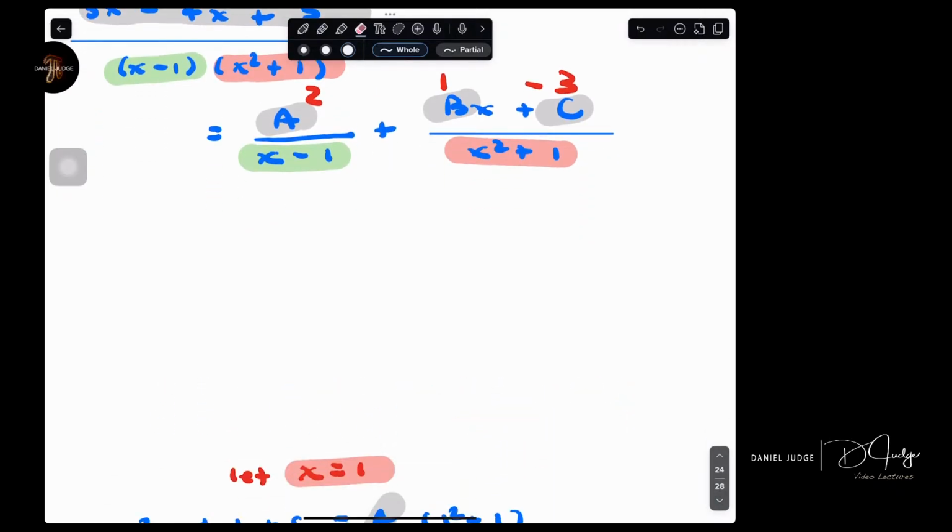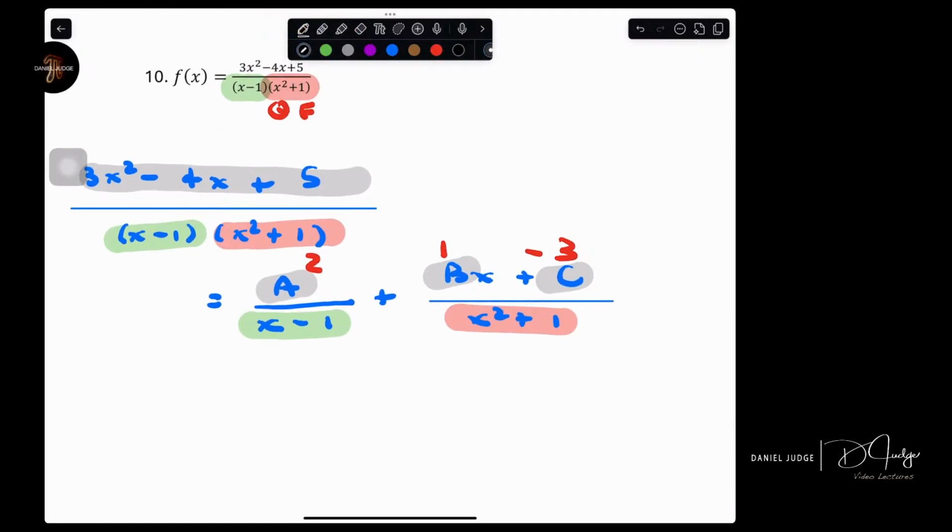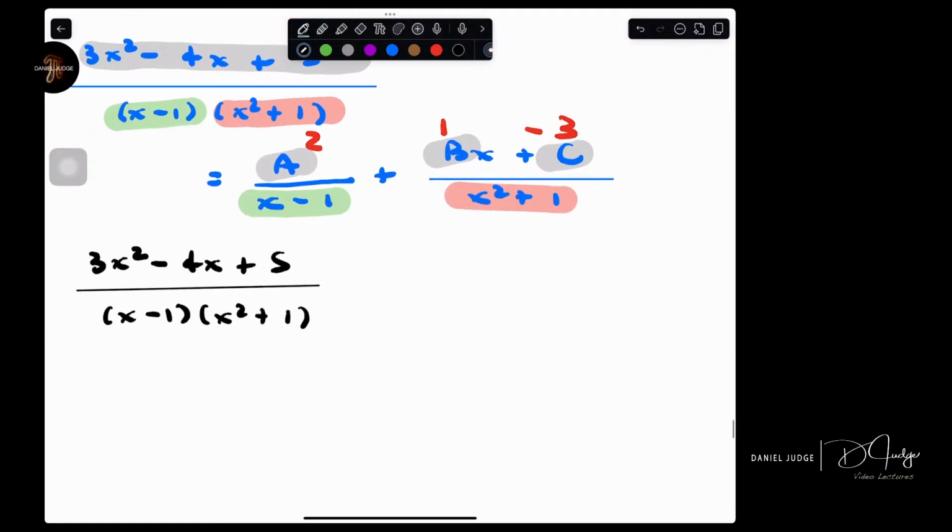So let's put this together here. 3x squared minus 4x plus 5 over x minus 1 times x squared plus 1 will equal 2 over x minus 1 plus 1x minus 3 over x squared plus 1.